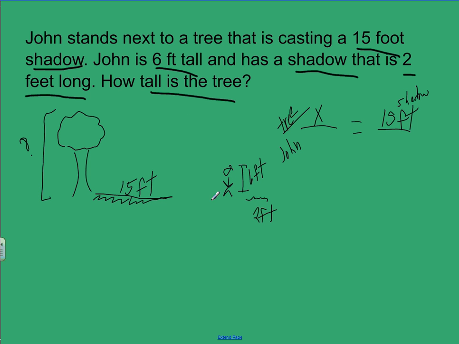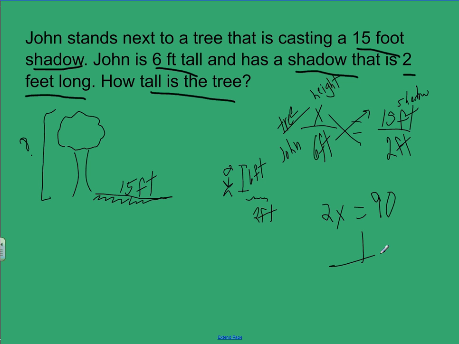And then when we go to John, John is 6 feet tall. So that's going to go in this height section because the tree is x feet high, and John has a shadow of 2 feet. Now we are going to cross multiply, giving us x times 2 is 2x, 6 times 15 equals 90.